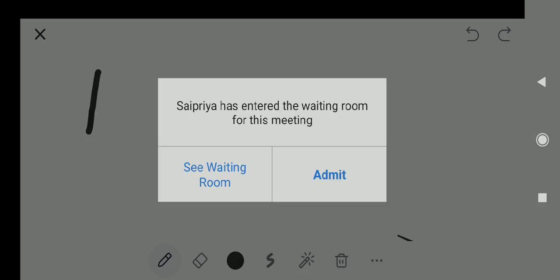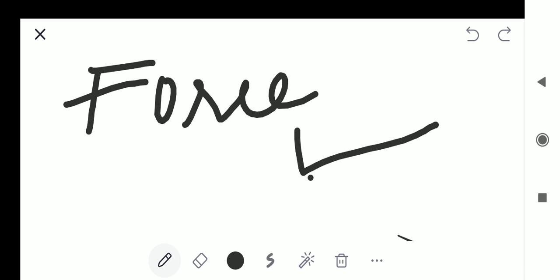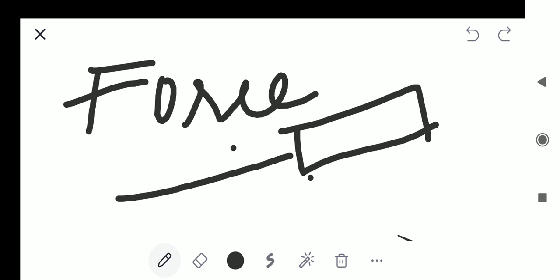Now, what do you mean by force? We already discussed that force is the ability to pull or push an object. So here we need to consider a particular field.